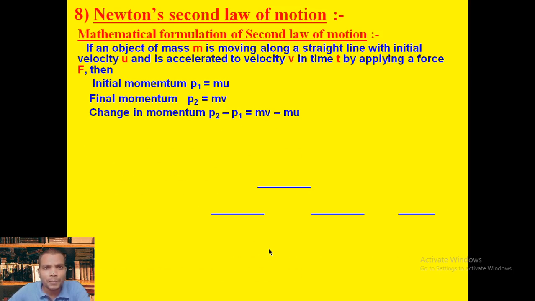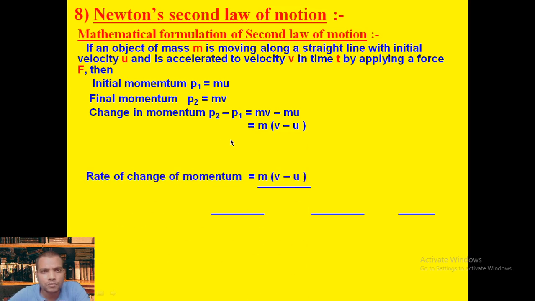Consider a mass m with initial velocity u, accelerated to a final velocity v. First we calculate the initial momentum P1, mass times initial velocity, and the final momentum P2, mass times final velocity v. Now the change in momentum equals P2 minus P1, so we get mv minus mu.